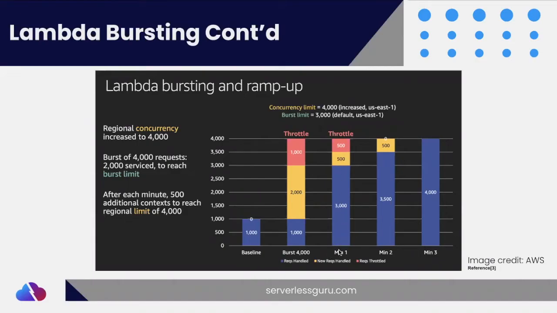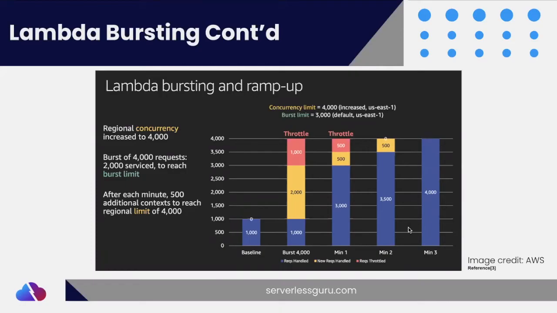So in the first minute, at the initial level, 3,000 were served and 1,000 were throttled. In the next minute, it added 500 more, and the next minute it added an additional 500 more. So in the third minute, all the 4,000 were served without any issue, with 4,000 concurrent containers running.